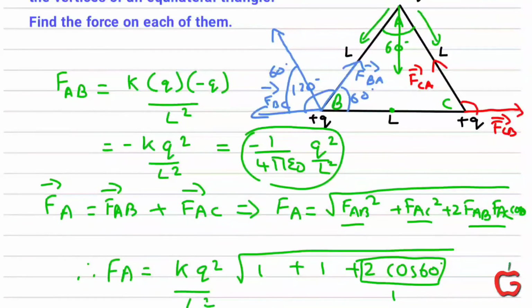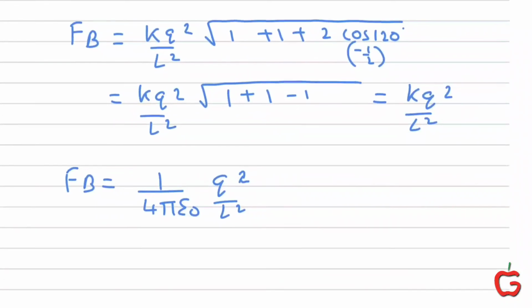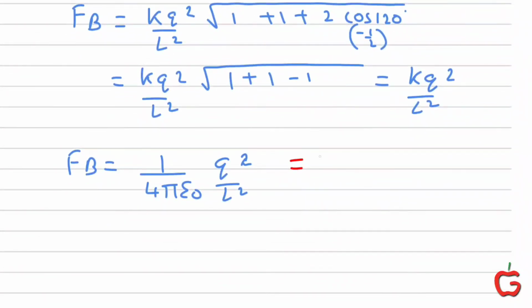The angle again would be 120. And the resultant force will be making an angle of 60 degrees with the line BC and with the line AC. The magnitude of this force is going to be same as that of FB, so this calculation goes for FC as well.